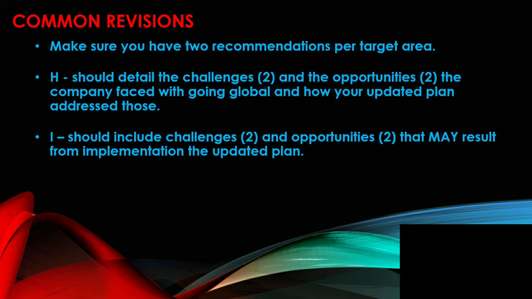They're not specific, and I can't make the exact same recommendation for both of these. So if I were to say, I'm going to go to Amazon Web Services, and my next recommendation is I'm going to go to Azure. Well, those are the same thing. So why would I do that? I wouldn't do that. I would go with one or the other. So the next recommendation needs to be separate from that. So that's what I mean by they need to be two specific and separate recommendations.